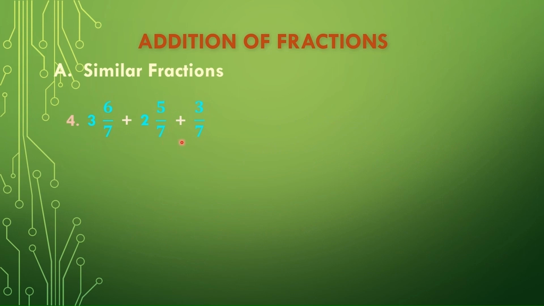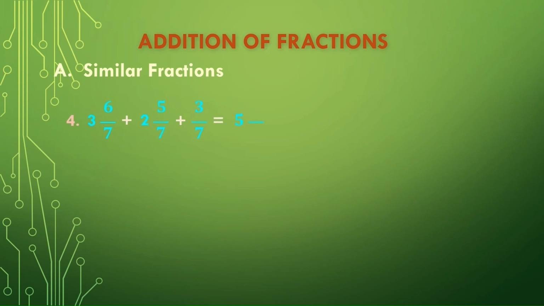The numerator 6 is smaller and the denominator 7 is bigger. Let's now add these fractions. First, make sure that the denominators are similar. Since all the denominators are the same, we can now proceed to addition. Let's add the whole numbers first. 3 plus 2 is equal to 5.